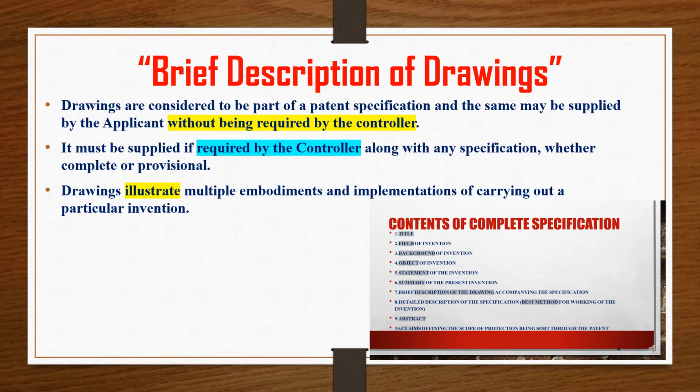We can say that drawings illustrate multiple embodiments and implementation for a particular invention. Here friends, I have also attached the old slide where all the contents of complete specification are given. Okay, let us proceed.